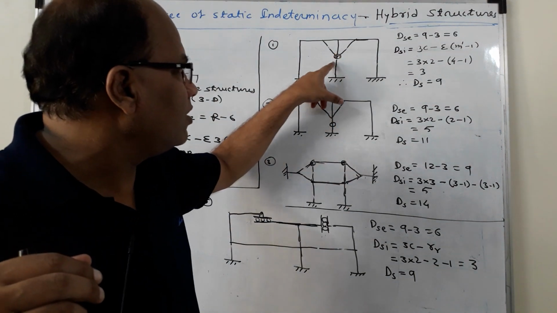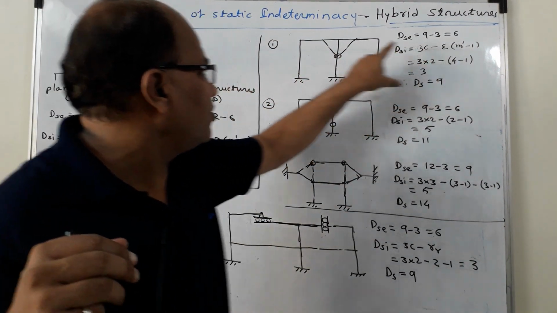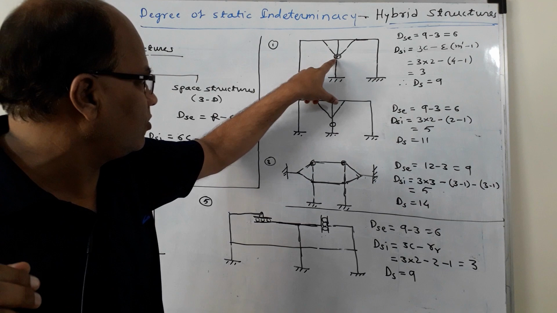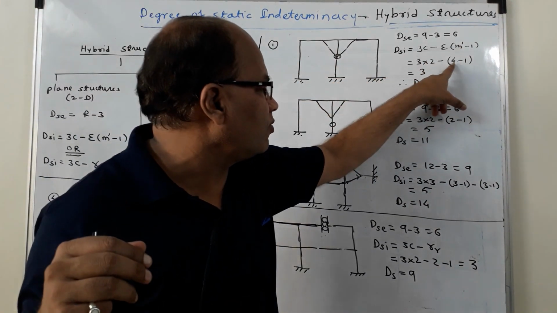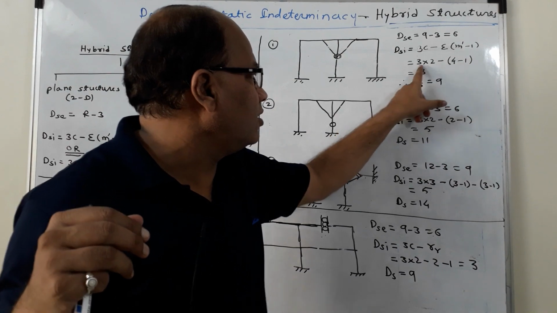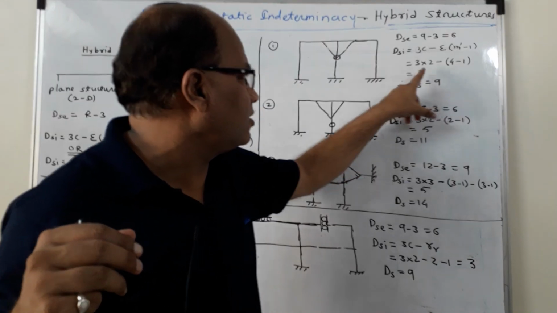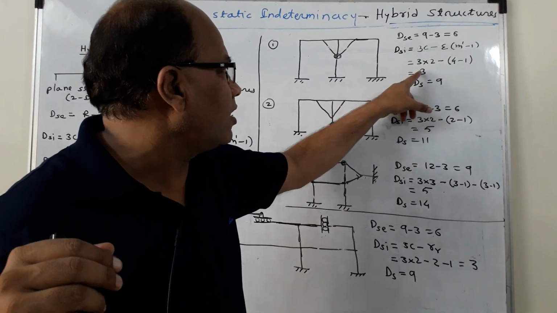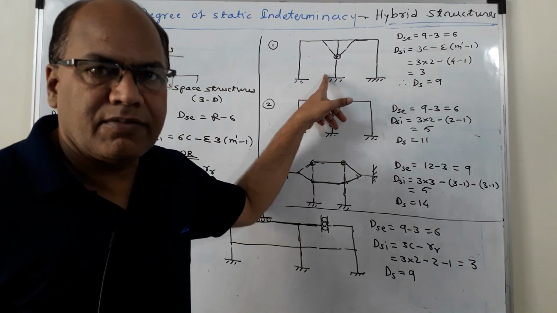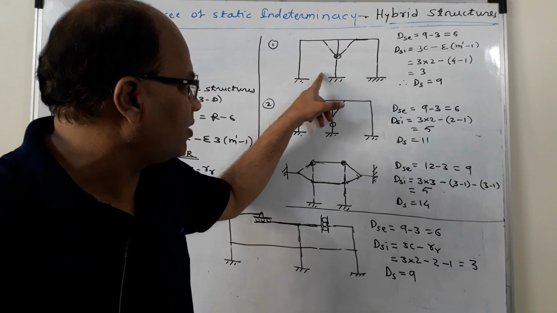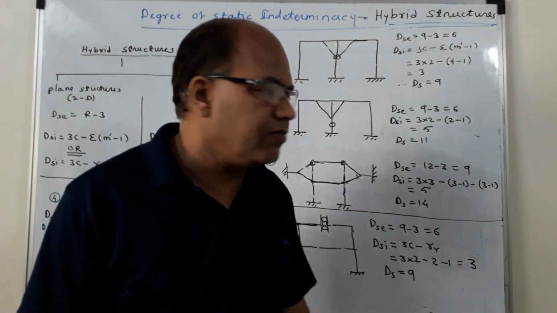There is only one hinge joint, m dash is the number of members meeting at that hinge joint. So 1, 2, 3, 4 members are meeting. So m dash is 4, 4 minus 1 is 3, 3 into 2 is 6, 6 minus 3 is 3, and this is how DSI is 3, DSE is 6, and that is why the degree of static indeterminacy in the case of this frame is DS equal to 9.